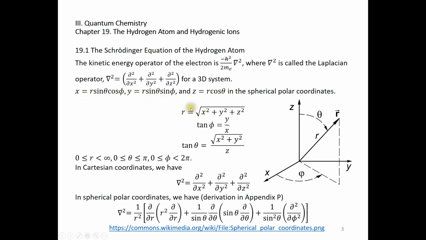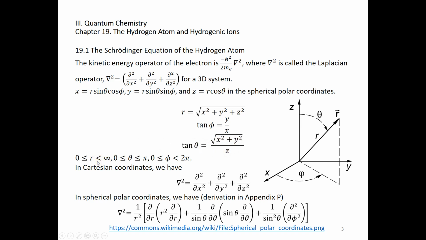Also, we can express r, phi, and theta in terms of x, y, and z. r is the square root of x squared plus y squared plus z squared. Tangent phi is y over x. Tangent theta is the square root of x squared plus y squared, over z.